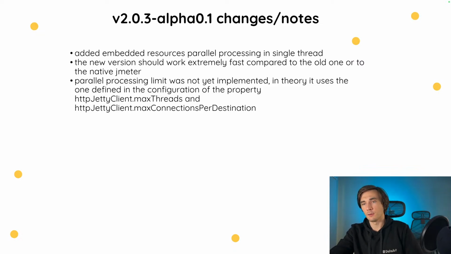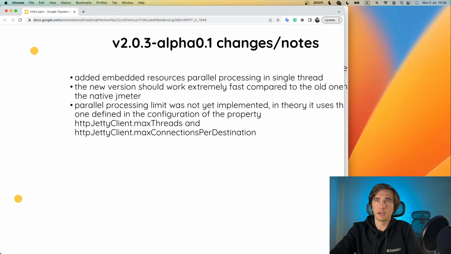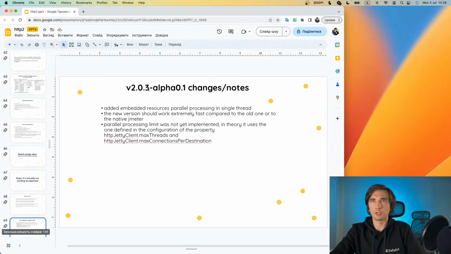You can get at least some context of what was done, because I am not sure when all this will be finished and documented, since there are a lot. I have maybe 120 slides for this presentation, and probably half of them are just all the changes we made.